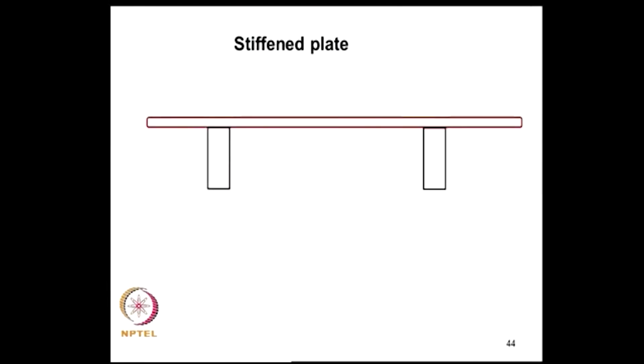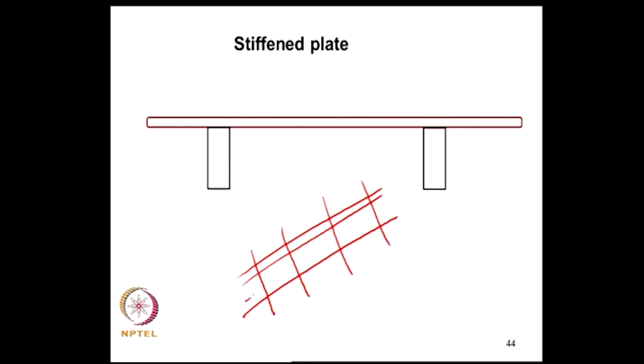Now, the way forward is we have to consider problems of stiffened plates. So, these arise in bridge decks. So, this is the slab and these are the girders. If we take a planar view, the cross girders can be like this and the longitudinal girders can be like this.